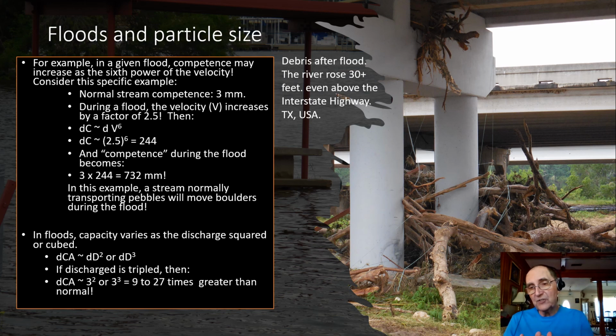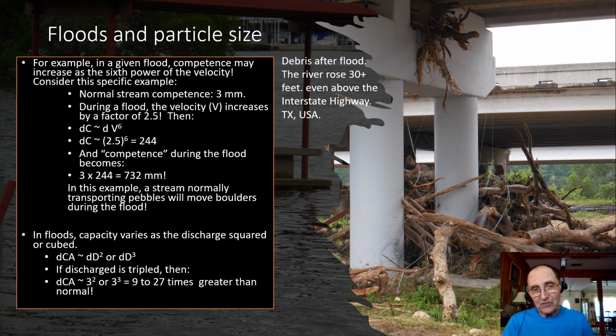The new competence is 244 times larger than the original. So the new competence is 3 times 244, which is 732 millimeters. The bottom line, a stream that normally has the competence to carry a small pebble now can move boulders.